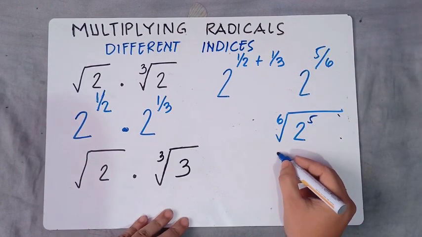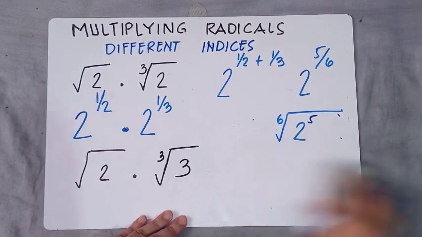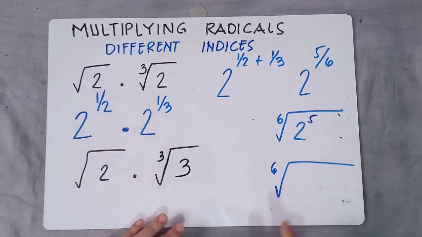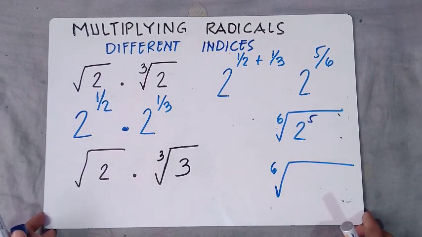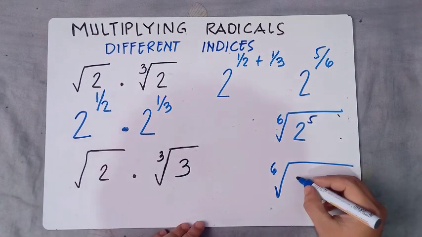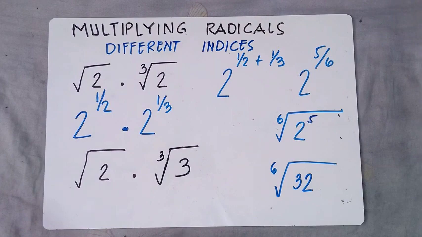Or you can simplify this one: the 6th root of 2 raised to the power of 5 means you multiply 2 by itself 5 times. 2 times 2 is 4, times 2 is 8, times 2 is 16, times 2 is 32. The 6th root of 32. So that's our answer for number 1.